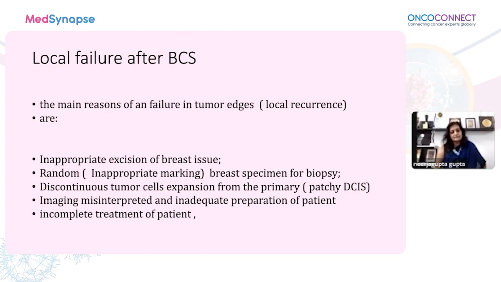Again, if you have a discontinuous cell expansion from the primary, in the form of patchy infiltration near the tumor, it may be from the start in the form of DCIS, which doesn't respond to chemotherapy, or it may be a patchy response to neoadjuvant chemotherapy. Whenever these patchy lesions are there, it may be difficult to identify the footprint of the tumor.